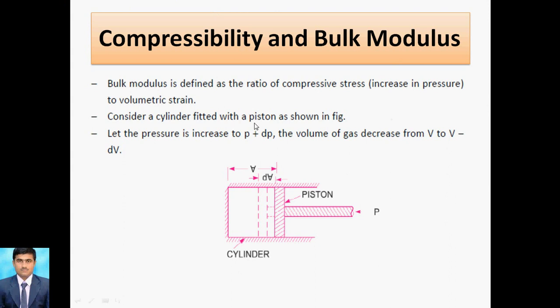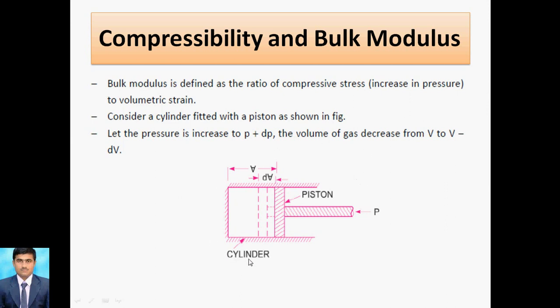For this purpose, a piston is fitted in a cylinder, as shown in the figure. When you apply pressure on a fluid, the pressure increases, so the volume changes. The initial pressure P increases to P plus dP, and the initial volume V becomes V minus dV, the final volume.